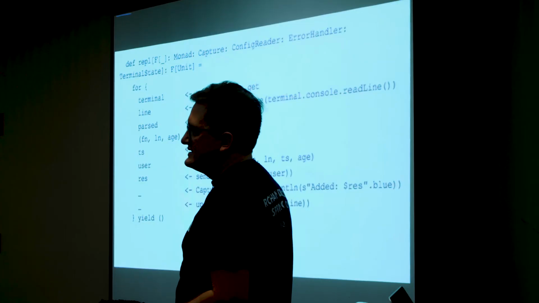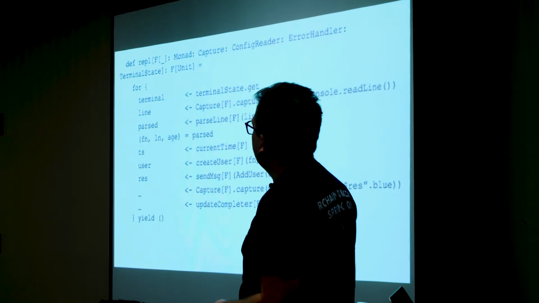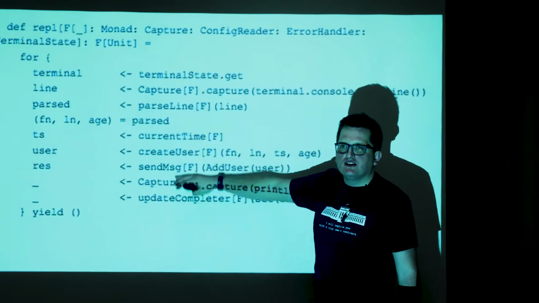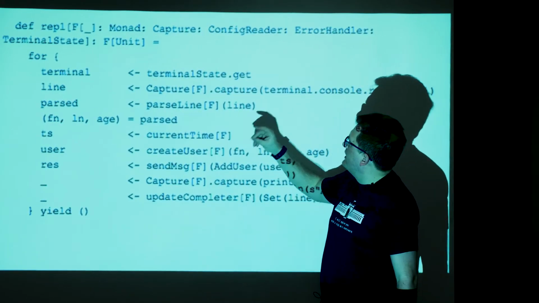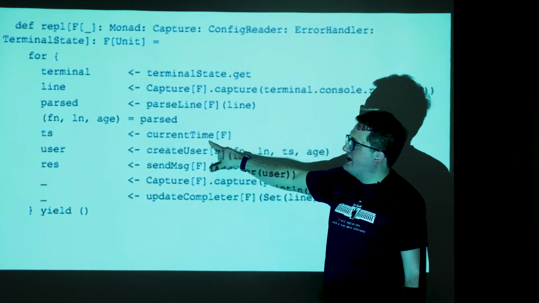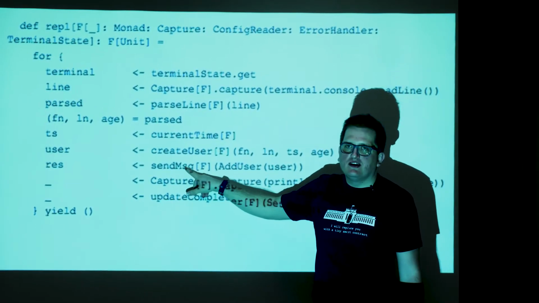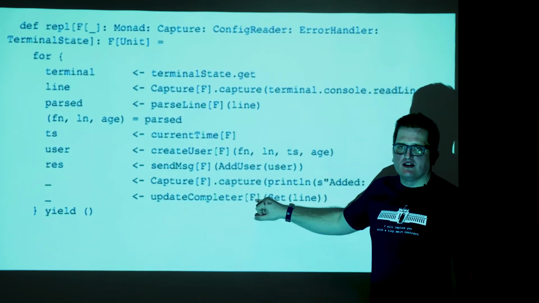So this is the same REPL written in the MTL style. Right now, all those different functions here require different capabilities. Current time needed capture, send message needed monad reader, and update completer needed monad state.